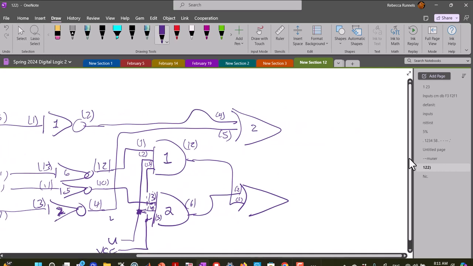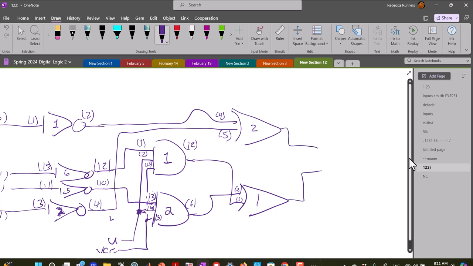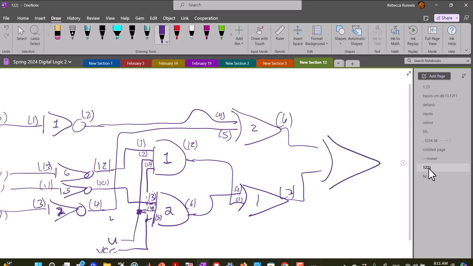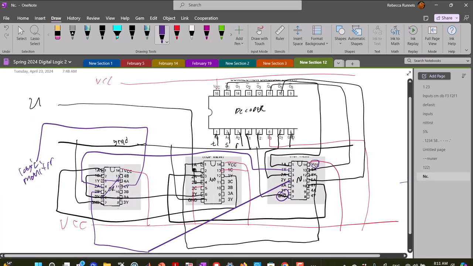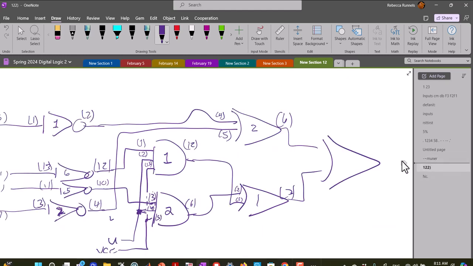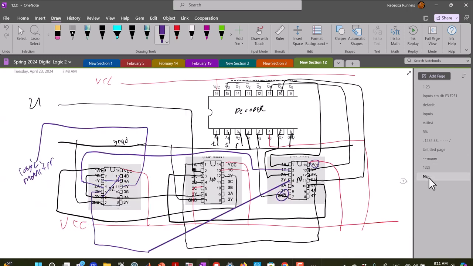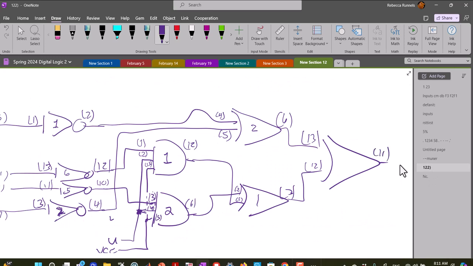And then so that's the first OR, that's the second OR. This is output 3, this is output 6. You're going to put those right back into another OR gate. You're going to put them into 12 and 13. And then your final output is going to be pin 11. And that you'll attach to a logic monitor.